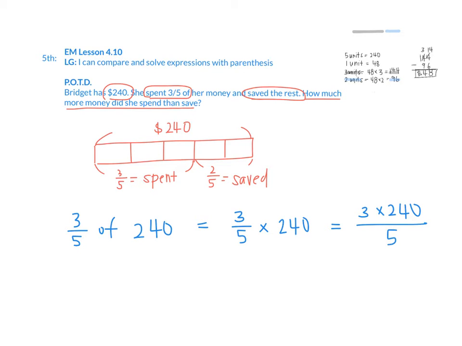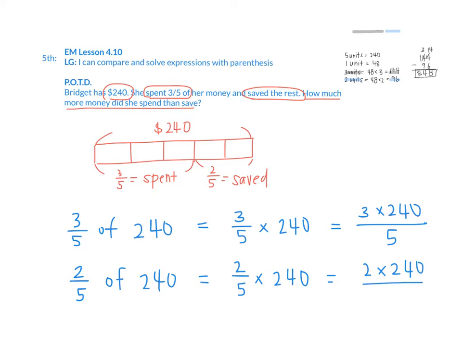Right? Can I solve it like that? Similarly, I know that she saved 2/5 of 240. How do I write that as a multiplication equation? Anirak? 2 times 240 over 5. Yeah, you skipped one step. That's okay. 2 times 240 all over 5. And then I could subtract those two to find the difference.